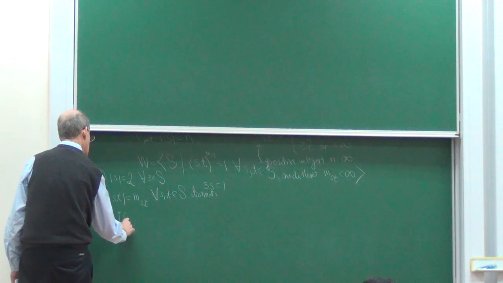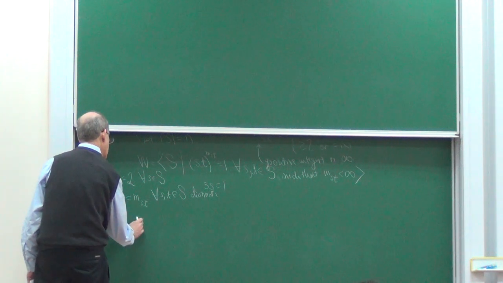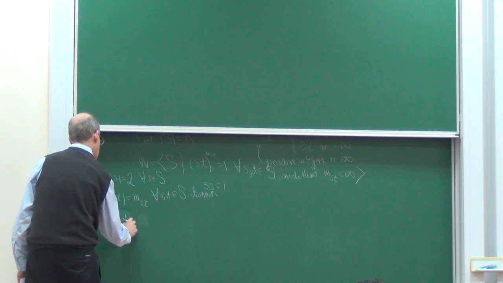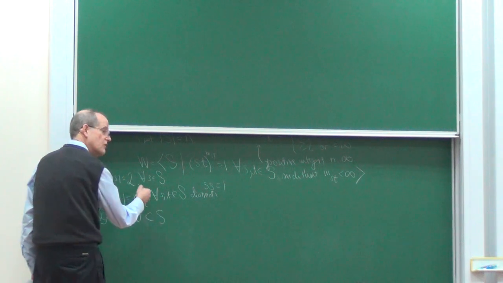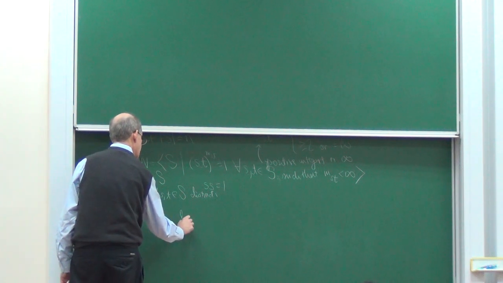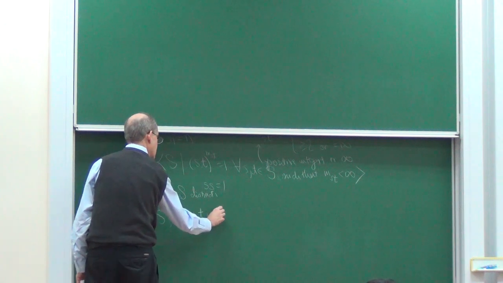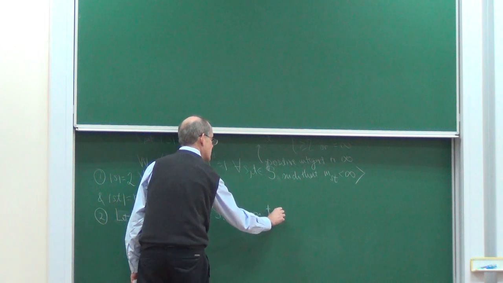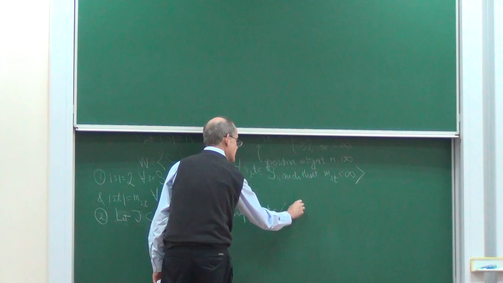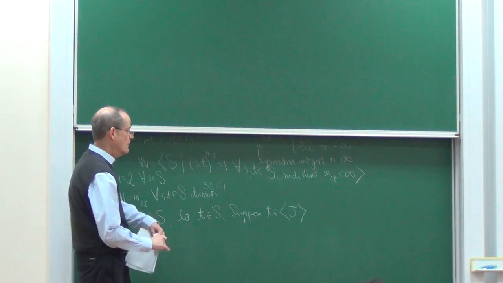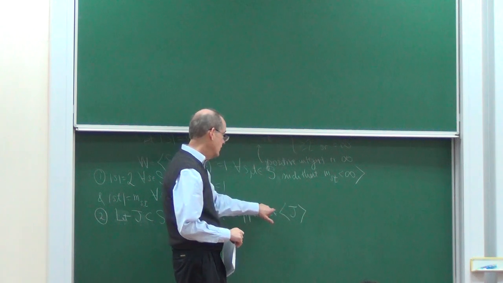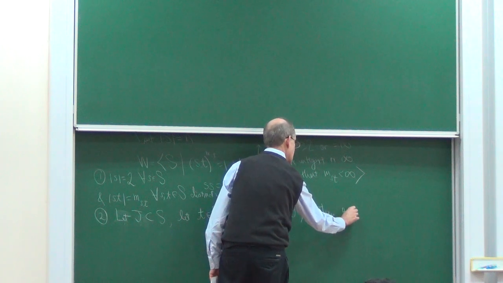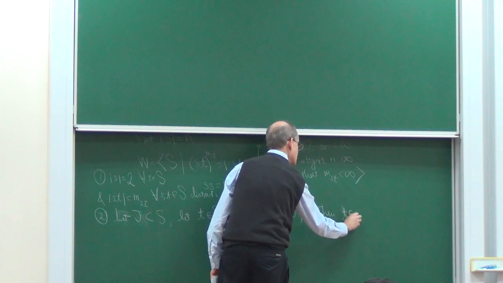Suppose J is a subset of the set S, and let T be an element of S. Suppose that T is in the subgroup that's generated by the set J. So this is a subgroup of the Coxeter group. Then in fact, T is contained in the set J.